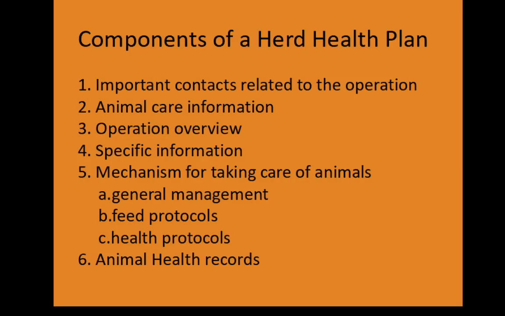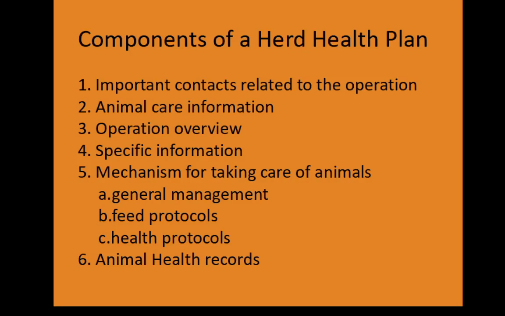Okay. Next part of herd health plan is specific information. Okay. So each herd health plan should be only for one species. Okay. For example, if you're maintaining swine as well as poultry in your farm, then they should have a separate herd health plan.